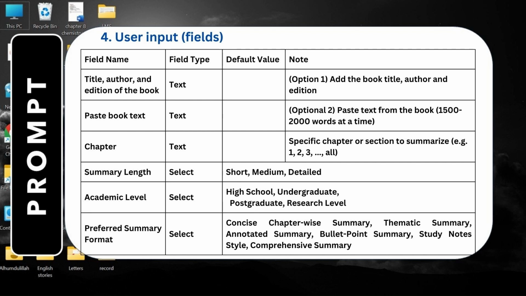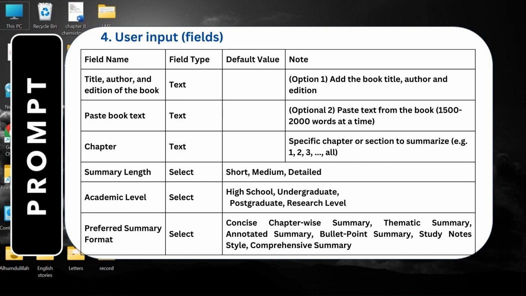So next, he will tell what chapter or what section he wants to summarize, whether he wants to summarize chapter 1, 2, or half the book, and the user will tell all the specific requirements. After this, we have some selected options. The user will select the summary length, then he will select the academic level, and lastly, he will select the preferred summary format.